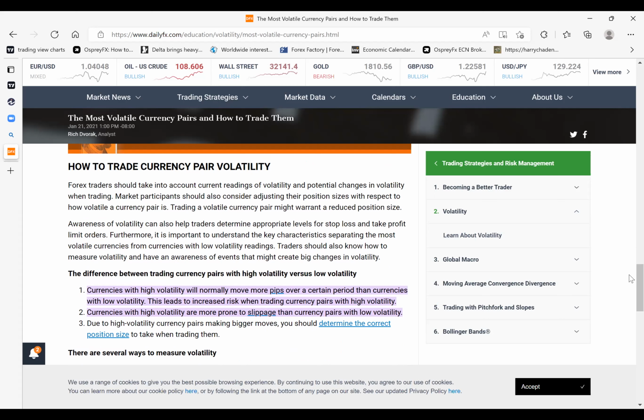So the Japanese yen is your safe currency, right? The CHF is your safe currency. And the USD, to a lesser extent, is a safe currency.